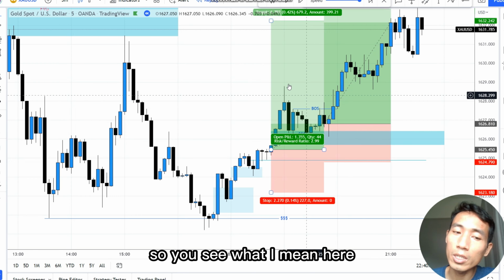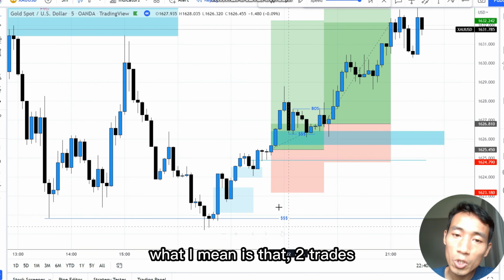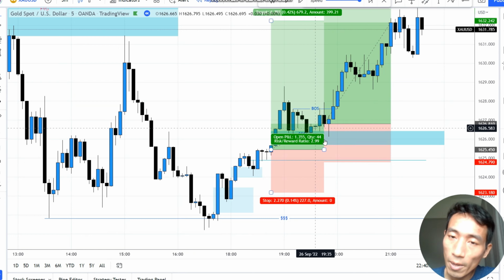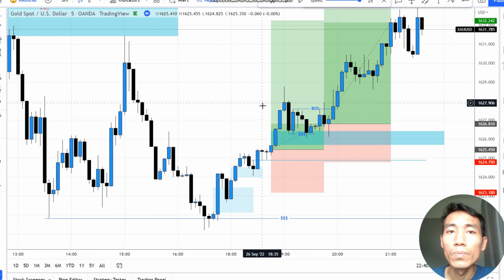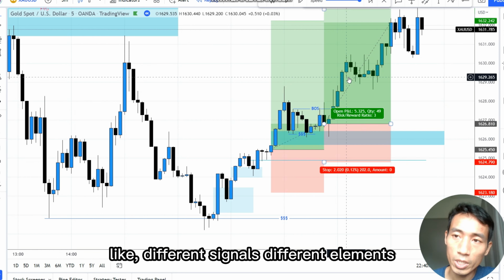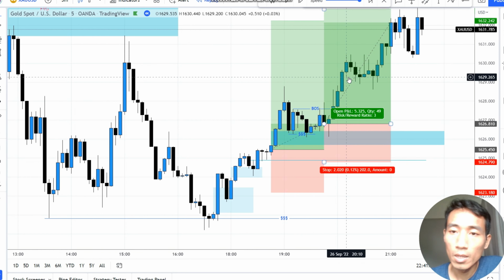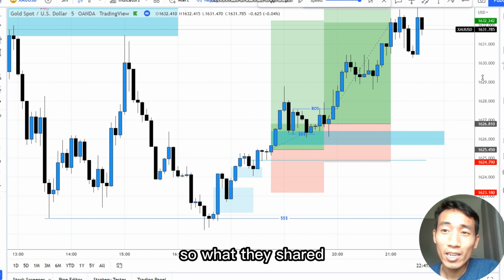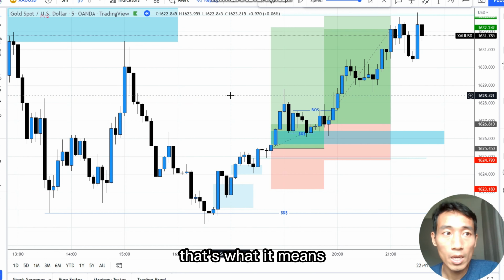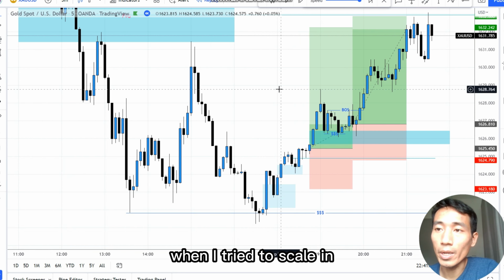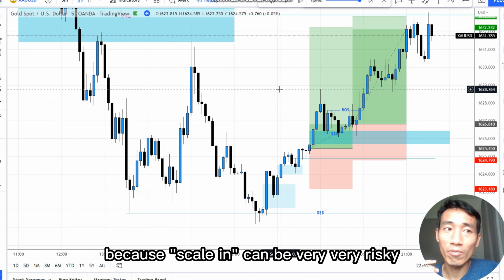So you see what I mean here? What I mean is that the two trades, same pair, but different perspective, different signal, different elements. What they share is the same bias. That's what it means when I try to scale in, because scaling can be very, very risky.